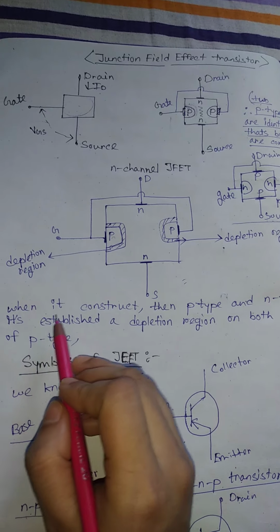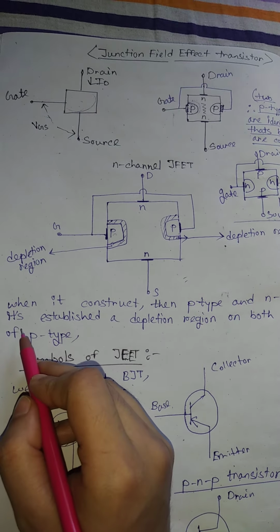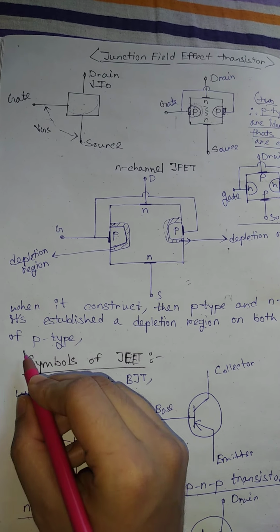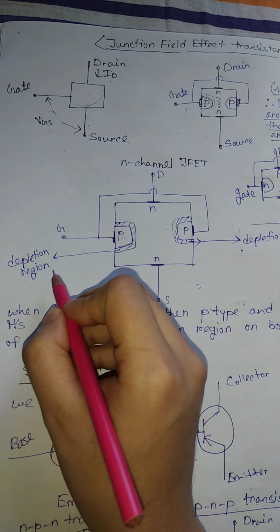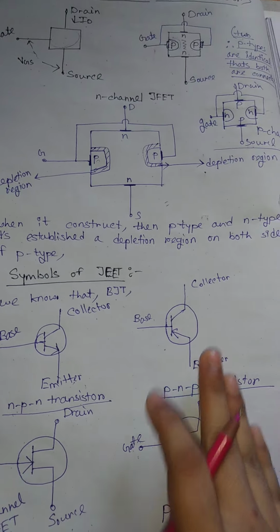How? When it is constructed, the P type and N type establish a depletion region on both sides of the P type. So here is the depletion layer. Now these are the symbols.